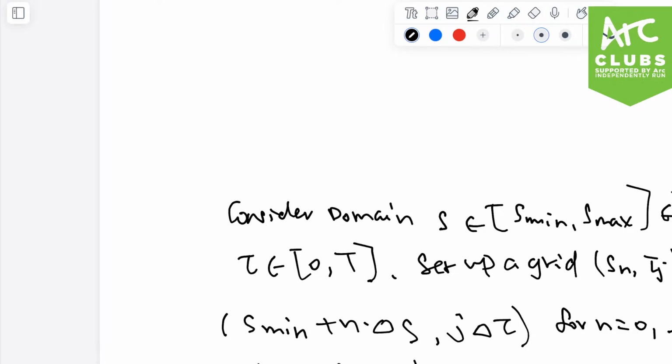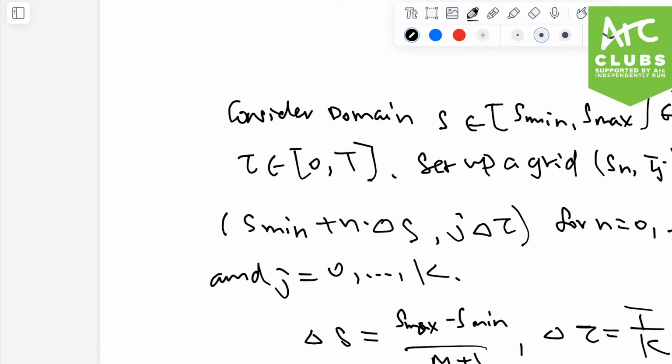Again, central approximation always has big O of delta S squared, right? This doesn't really change. To find dv/dS and d squared v/dS squared.